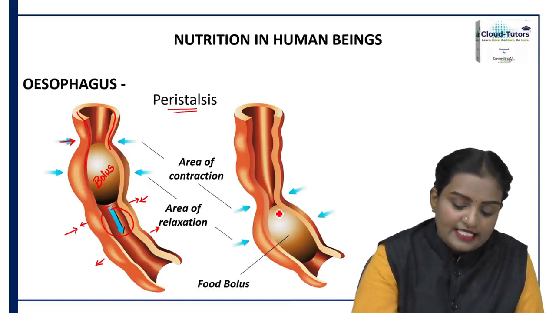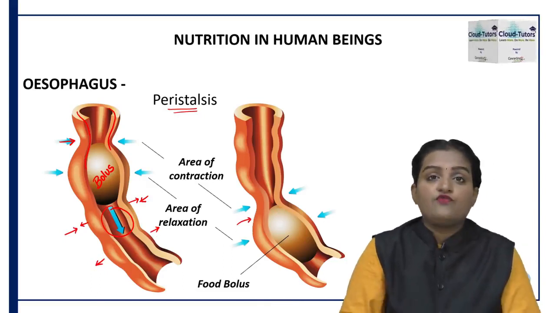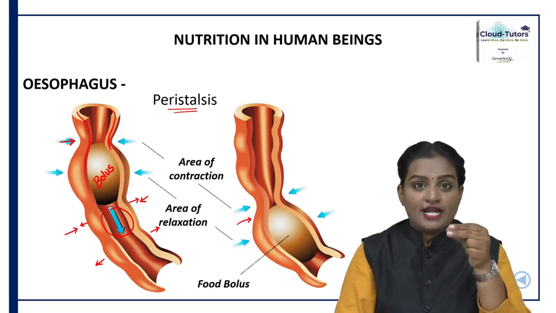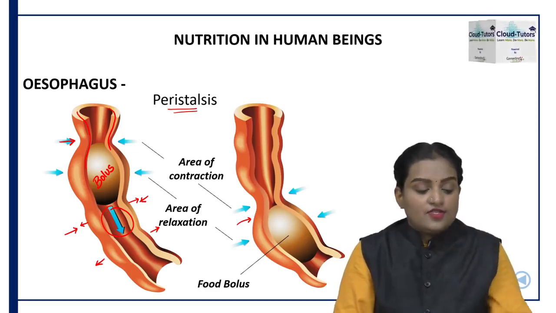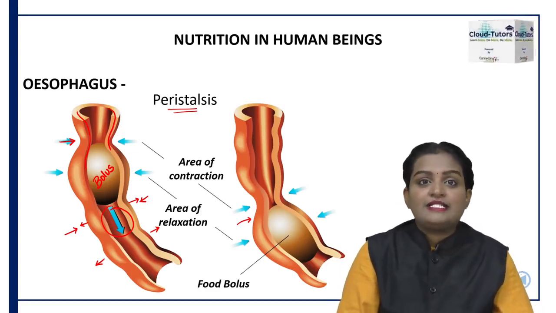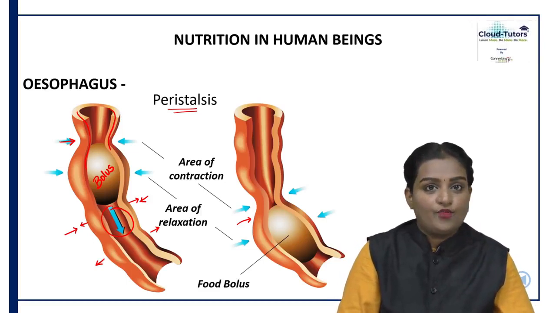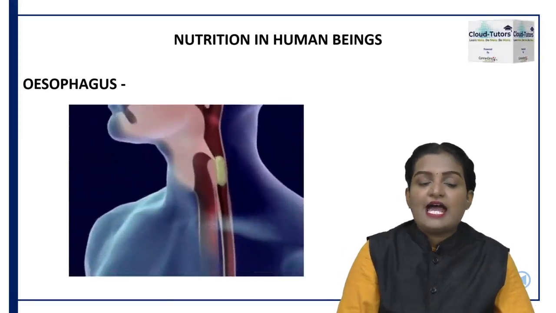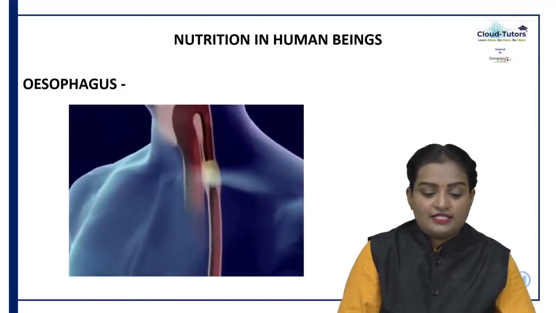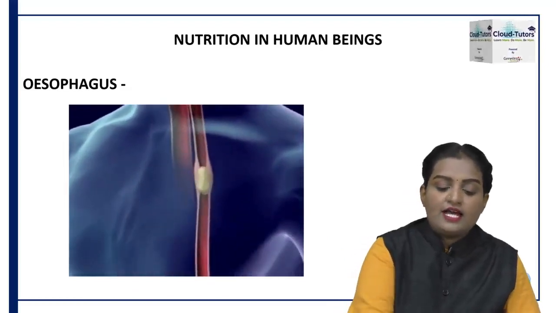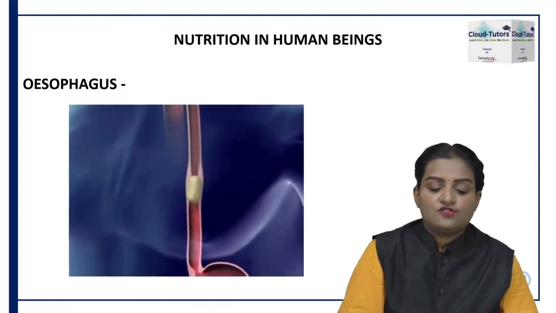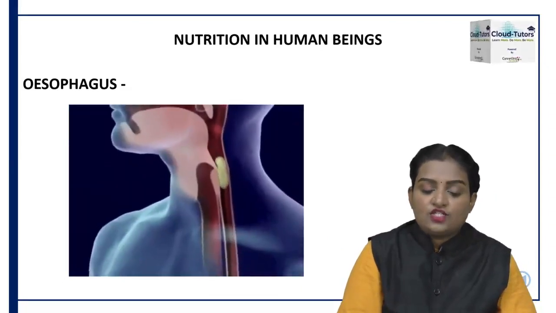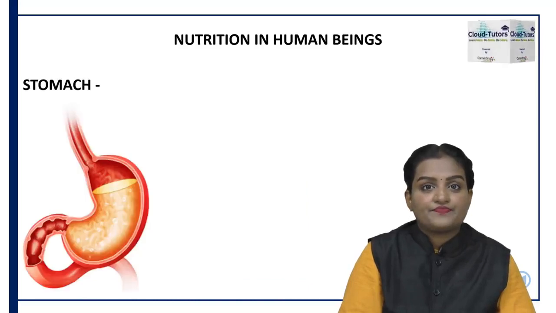So something like this that you can see here. So food bolus will be pushed, just like how a snake moves, contraction and relaxation. So this type of movement is known as peristaltic movement. Once the food reaches stomach, the actual digestion begins. So you can see here, the contraction and relaxation of smooth muscles results in food finally reaching the stomach.